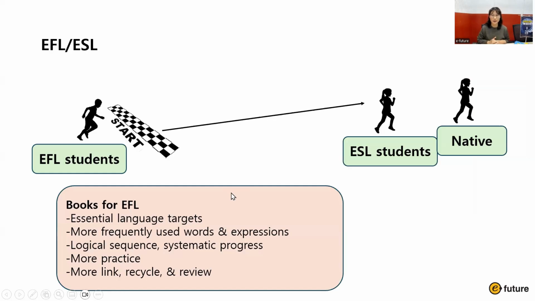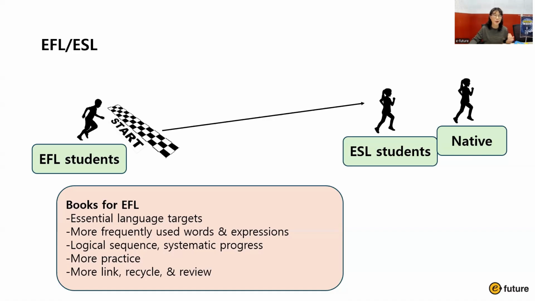Let's look at the environment. So EFL and ESL, right? We are in an EFL environment, and you probably know the difference. Students in Korea, Japan, Mexico, and China are all in an EFL environment, because we don't speak English in our daily life.